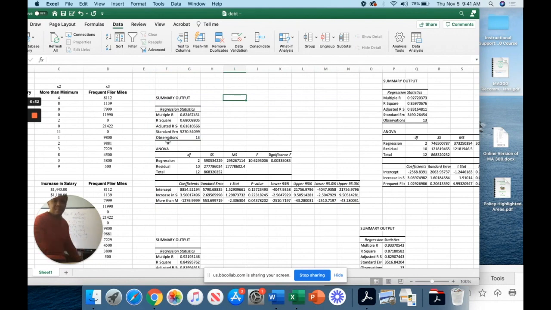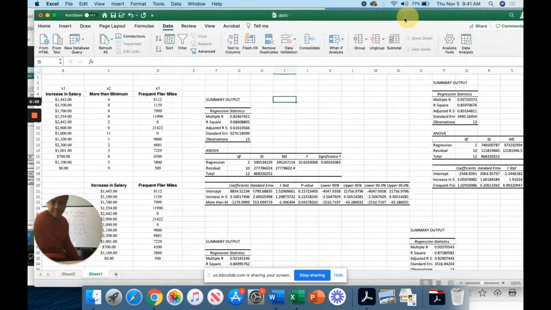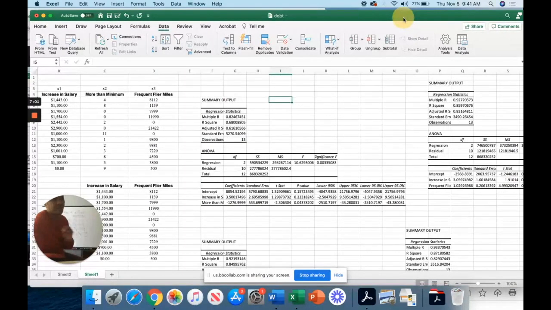In this particular problem, we didn't even talk about what this problem was. This is a problem talking about debt, credit cards or whatever, and it's trying to see which variables contribute the most to, I guess, how much debt you have. If you actually read the problem, which we didn't, it's in the same folder that the Excel file was.